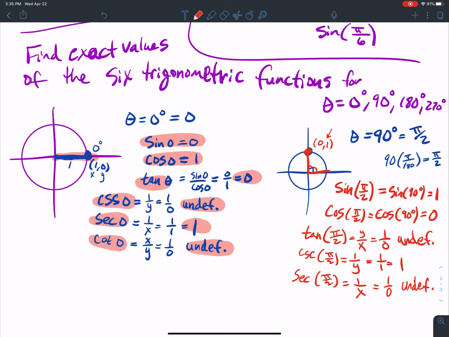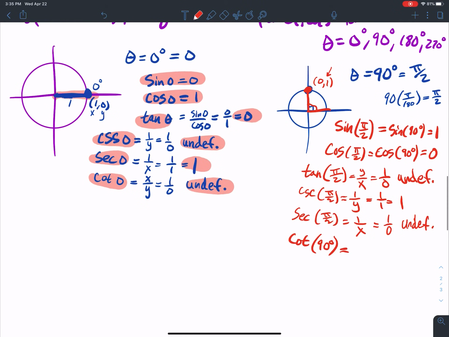And then the last one, cotangent, we'll just say 90 degrees for funsies. And that's the reciprocal of the tangent. So instead of y over x, it's x over y. This is going to be 0 over 1, which is 0. Okay? Those are your 6 trigonometric functions there.